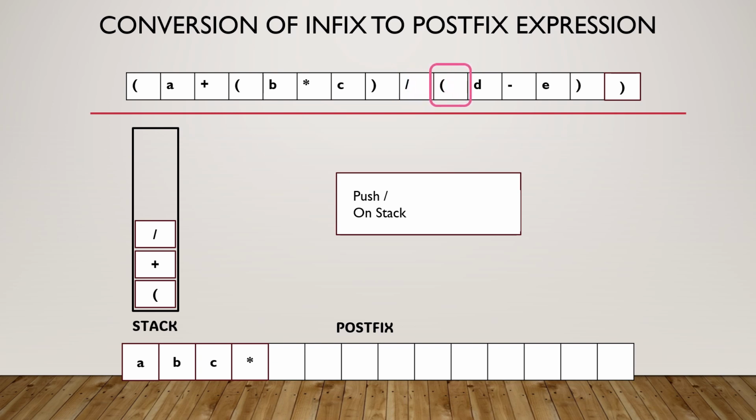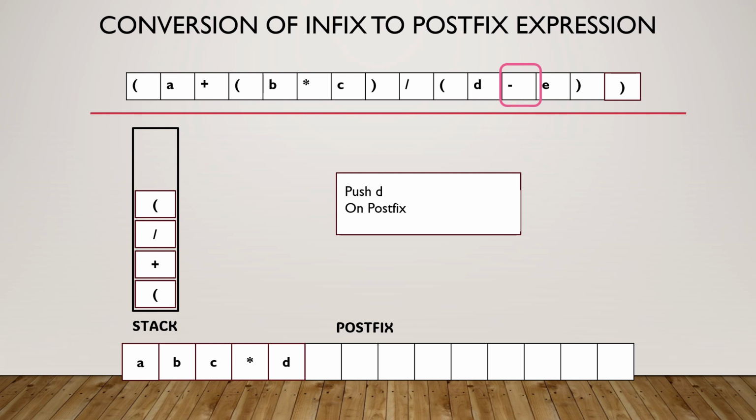There is no need to check priority for this bracket because there is no valuable data inside the stack. So we have pushed this bracket to the stack. Next, D is not an operator, so D goes directly to the postfix section.